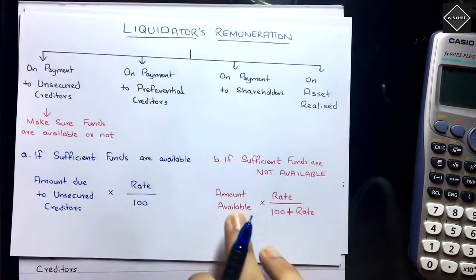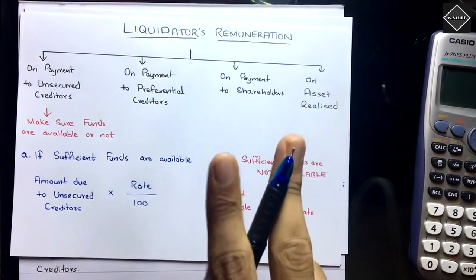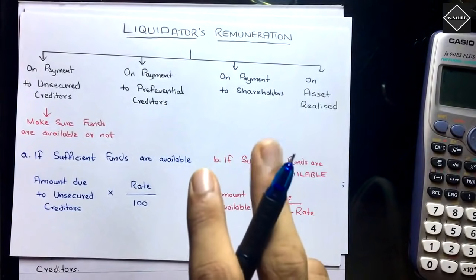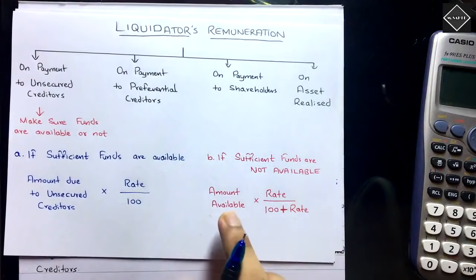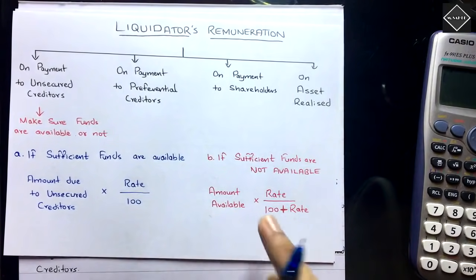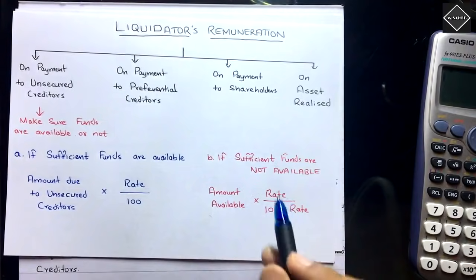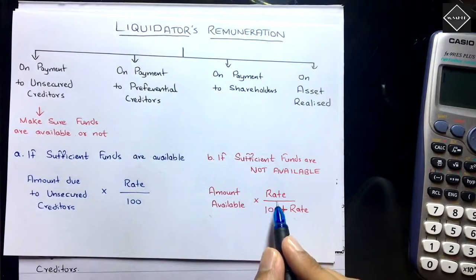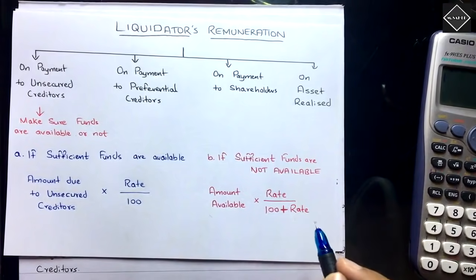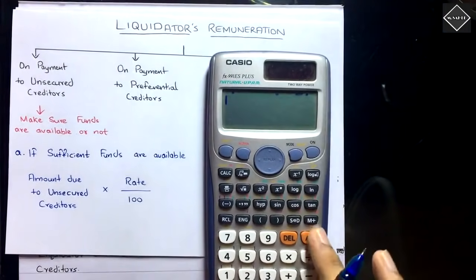Two things you have to pay out of that: the remuneration and the unsecured creditors themselves. So you have to use this special formula: the amount available with you into rate of remuneration, whether 3%, 4% or 2%, that is, rate divided by 100 plus rate. That's it, rate divided by 100 plus rate.